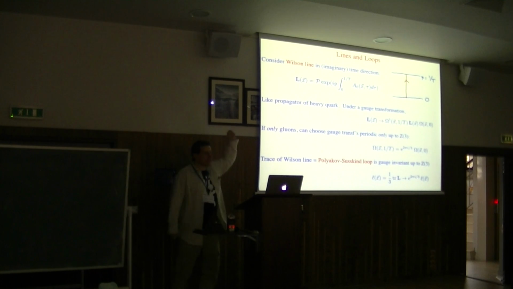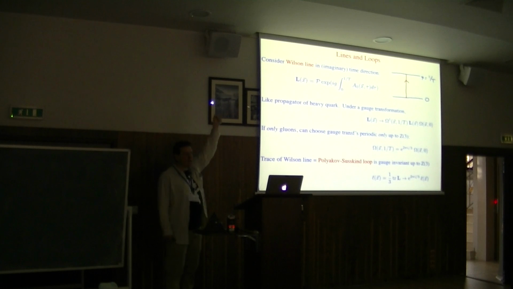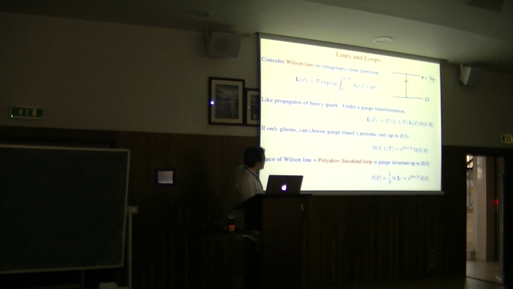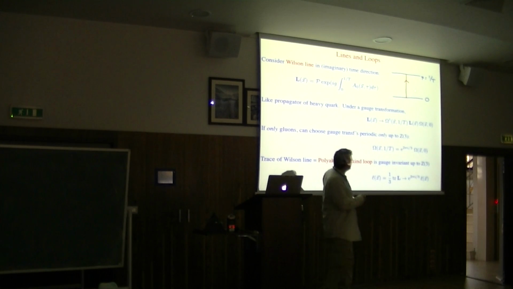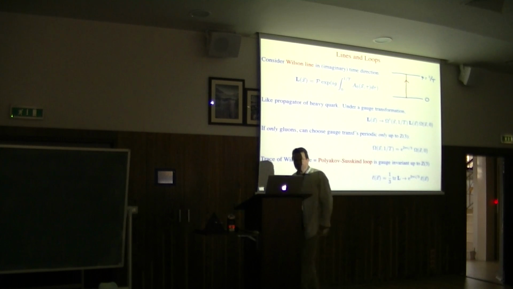This is like the propagator of an infinitely heavy test quark. A Wilson line under a gauge transformation, it's not obvious, but it transforms like one gauge transformation at the beginning, at x and tau equals 0, and then like the complex conjugate at the other end, at x and 1 over the temperature.